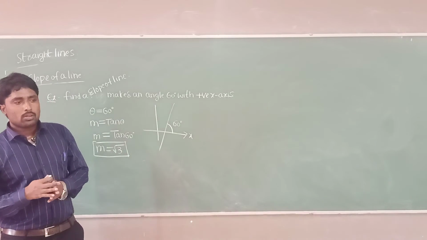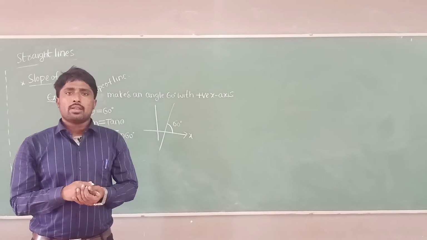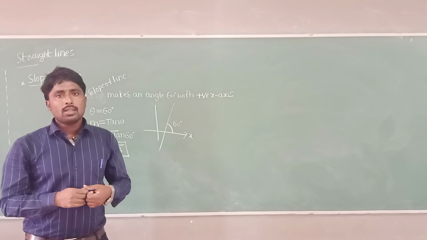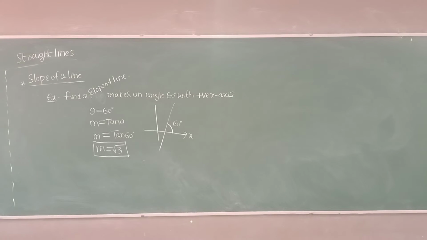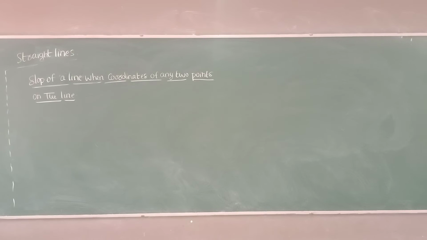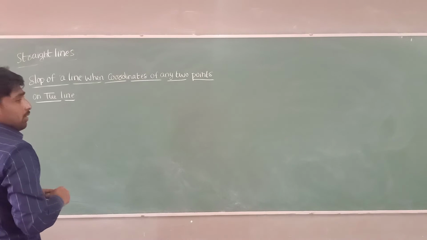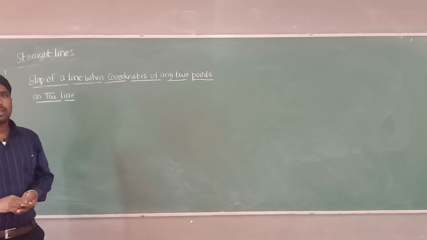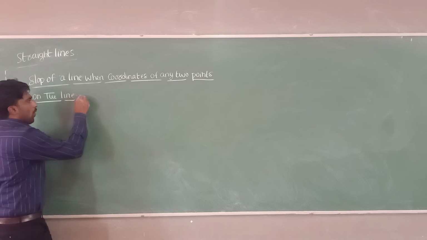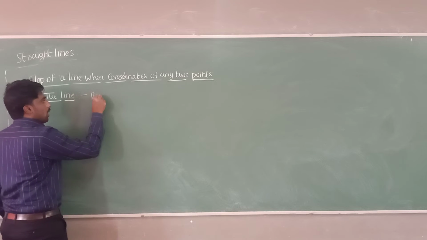Next, I want to discuss the slope of a line when two points lie on the same line. Okay guys, slope of a line when the coordinates of any two points lie on the line. So they mention any two points.